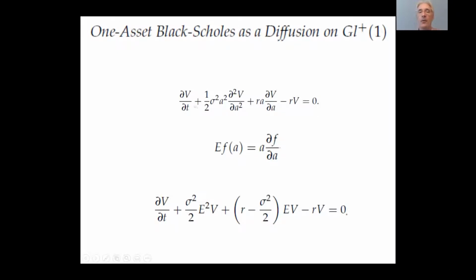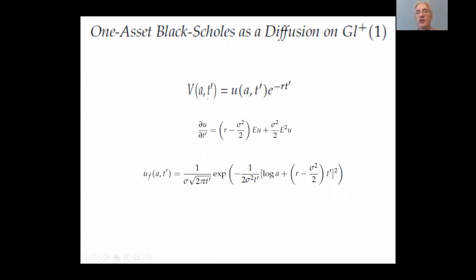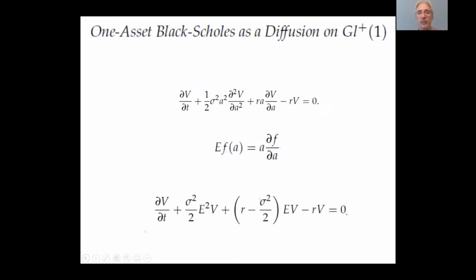What we observed was that if you take the Black-Scholes equation, you can massage it into this form, and instead of viewing it as an equation evolving on the ray of positive real numbers, we can view it as evolving on GL1 plus. And if you do that, well, first of all, it's not a diffusion because there's that negative term, right?